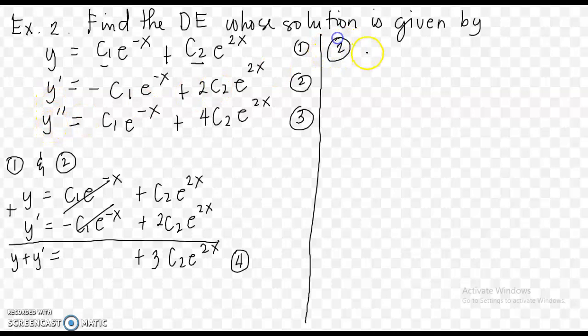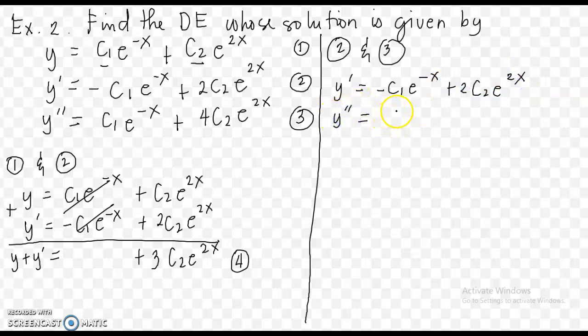From equation 2 and equation 3, we have y prime equal to negative c1 e to the negative x plus 2c2 e to the 2x, and y double prime is equal to c1 e to the negative x plus 4c2 e to the 2x.